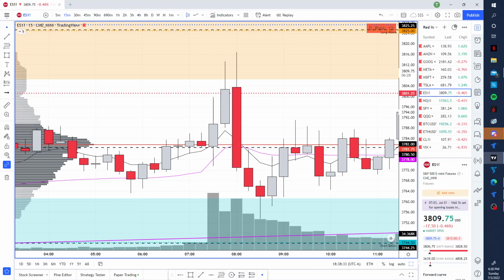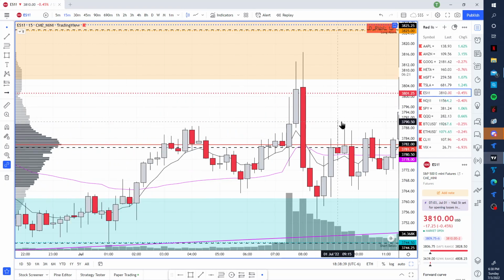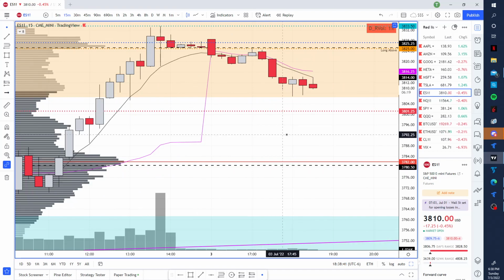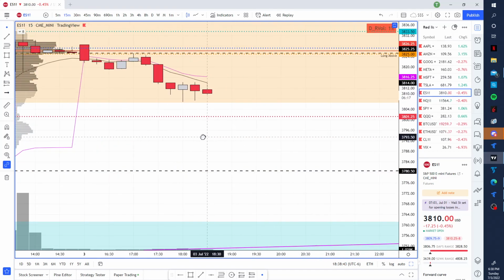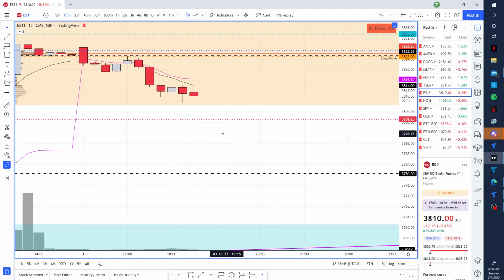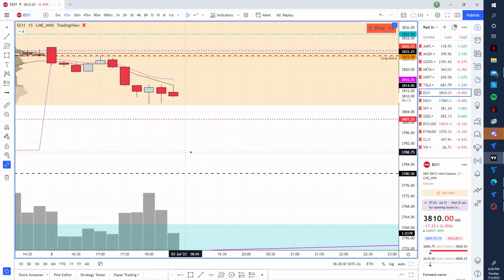We could have caught that, like a 5-point move right now. If you look at ES, 15-minute, go to the 15-minute candle, the big volume one.